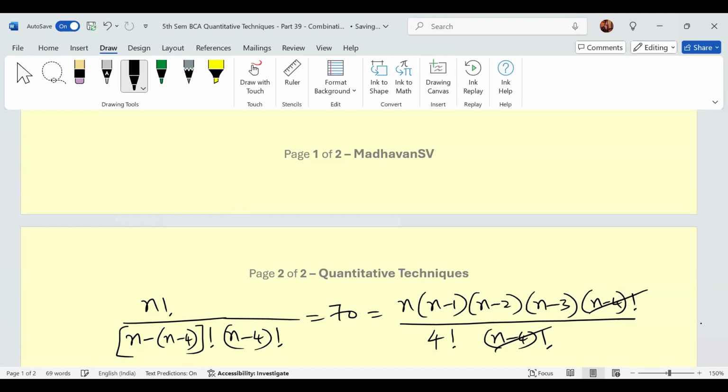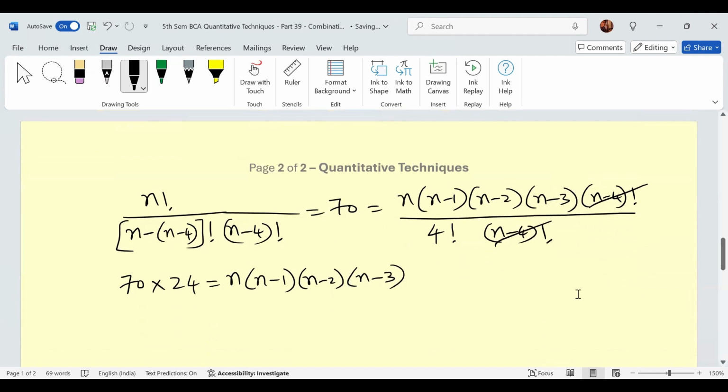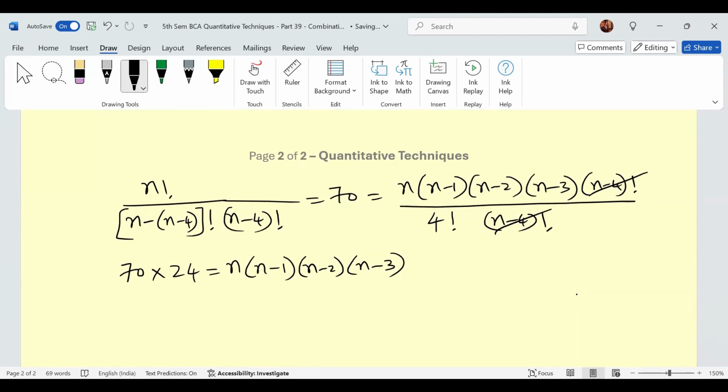Now this one and this one can be cancelled, and then we can rewrite 70 into 4 factorial, which is 24, is equal to n into (n minus 1) into (n minus 2) into (n minus 3). Now 70 into 24 is 1680. So 1680 is equal to n into (n minus 1) into (n minus 2) into (n minus 3).